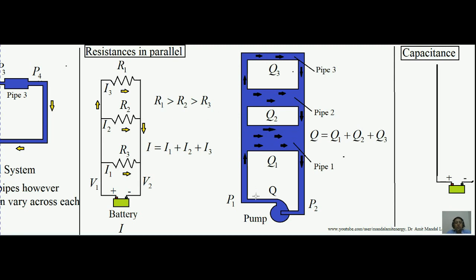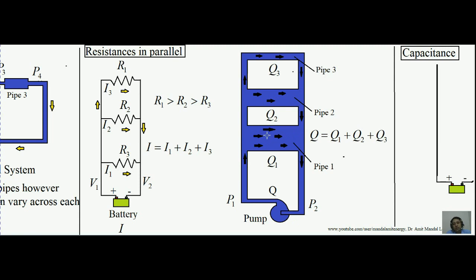In this case, suppose this pump is ultimately delivering 4 liter per second of water. Whatever flow goes through all these pipes, the combination will come out as 4 liter per second.